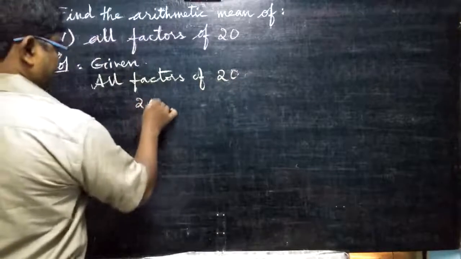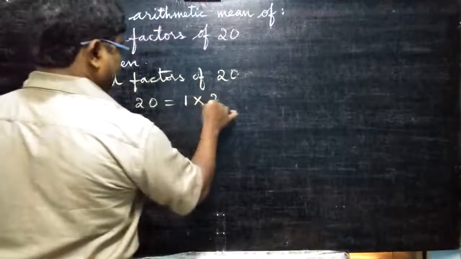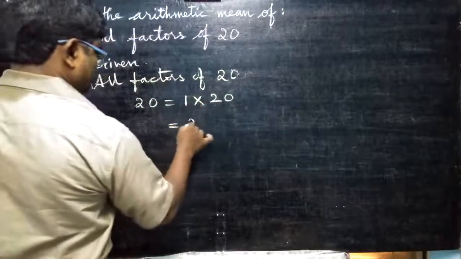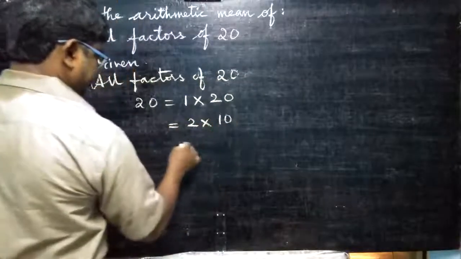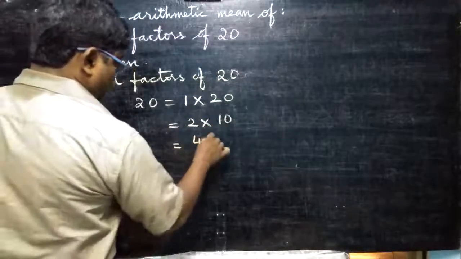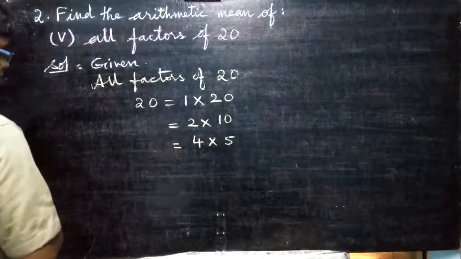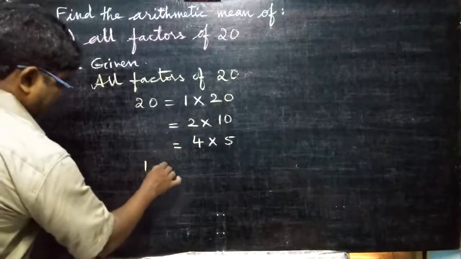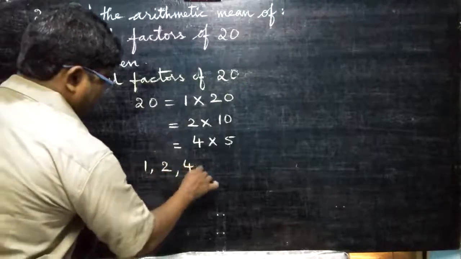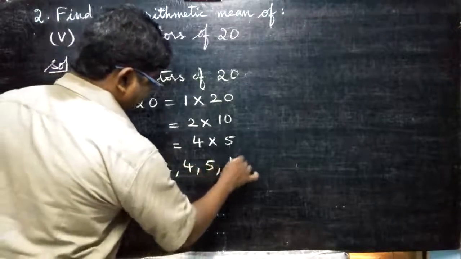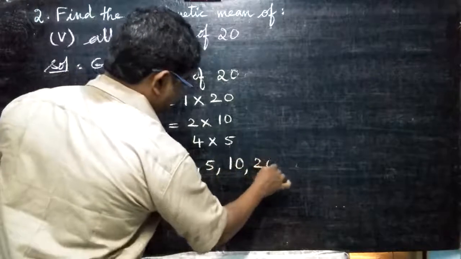What are the factors of 20 means? 1 into 20, 2 tens are 20, 3 table will not go, 4 fives are 20. So now what observations we got: 1, 2, 4, 5, 10, 20.